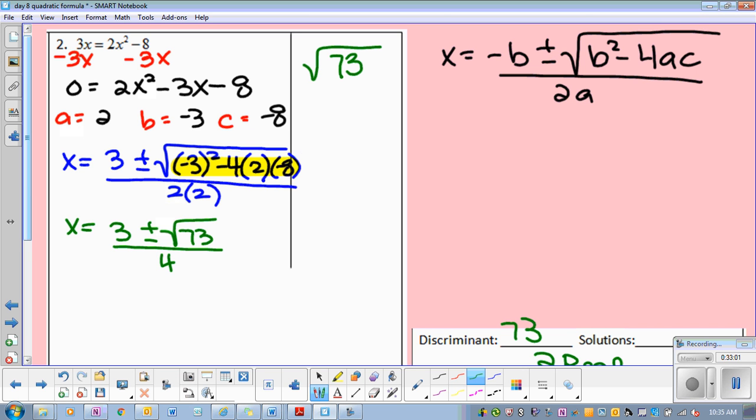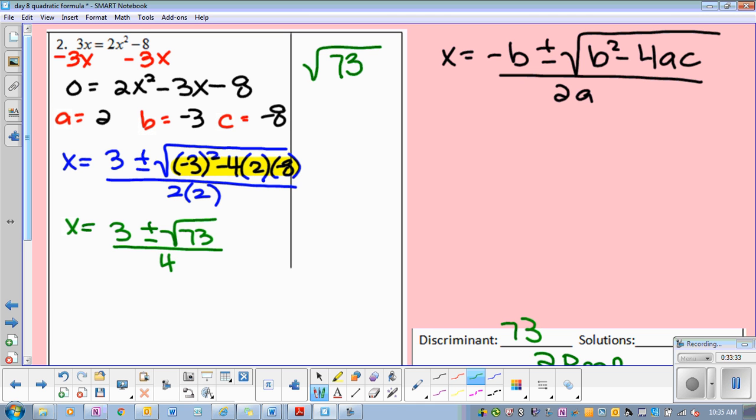I need to break down square root of 73. 73 is an odd one. It's not even, so it's not divisible by 2. Not divisible by 4. I don't think it's divisible by 3 either. It's not divisible by 8. So it's not divisible by 6. Yep, nothing. 73 is a prime number.